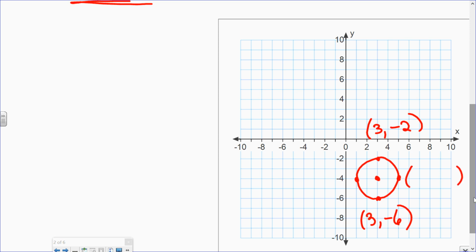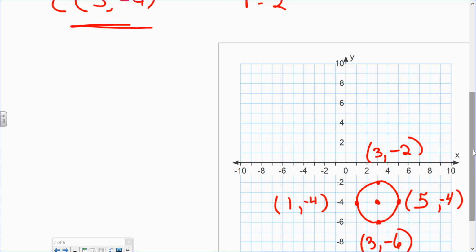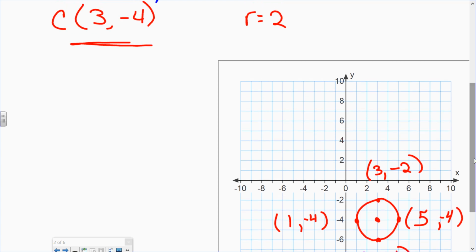For the left and the right, my y-coordinate is still going to be even with the center point, so the y-coordinates of those are both still -4. If the center was at 3 and I go 2 to the right, I am at 5 for that x-coordinate. If I was at 3, -4, and I go 2 to the left of 3, I am at 1. So now I have labeled all 5 lattice points either actually on the circle or over here in my workspace. That makes sense for expectations on that.